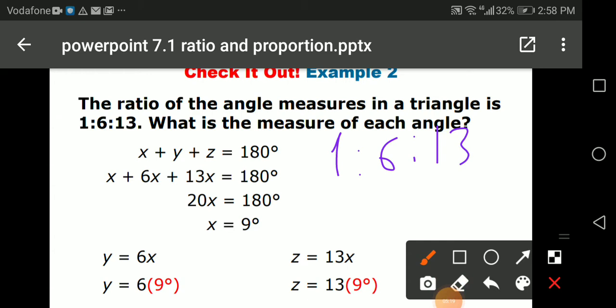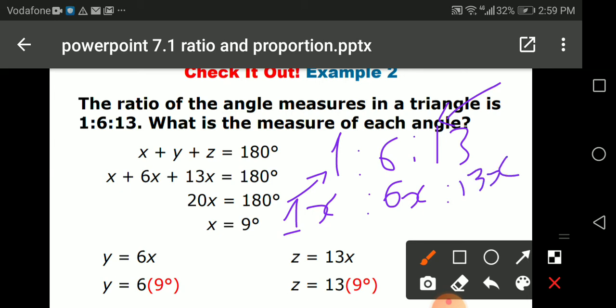As in the previous example, we make this x, this 1x, and this 6x, because this is the ratio between the measures, and this is 13x. The sum of all of them equals what? 180 degrees. We know it from the triangle: the sum of the measures of a triangle is 180 degrees.